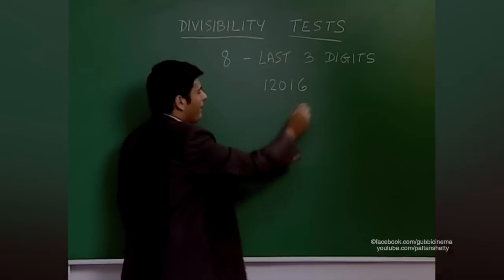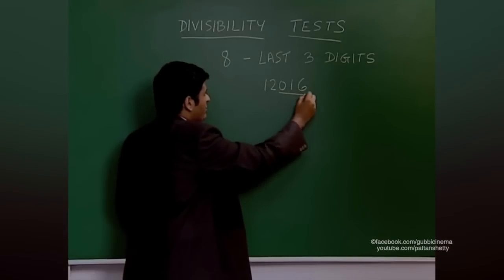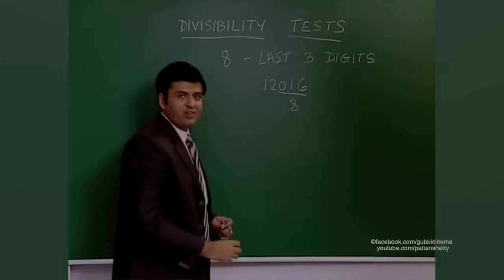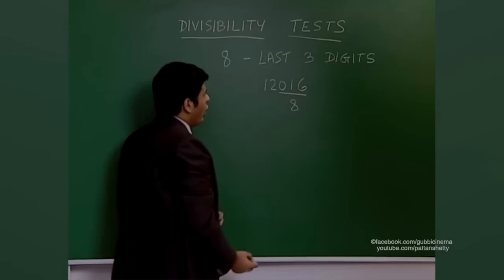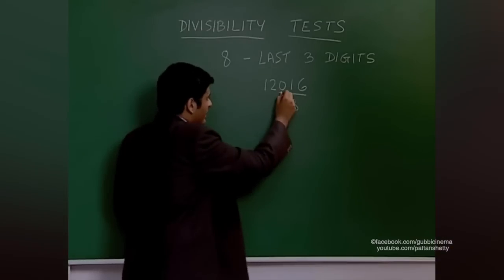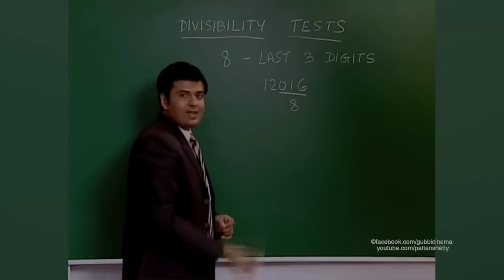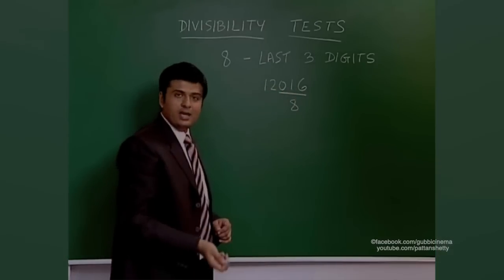I don't do the whole number. I just check the last 3 digits, 016 by 8. I know 8 times 2 is 16, or 016. Since the last 3 digits are divisible by 8, the whole number 12,016 is divisible by 8.